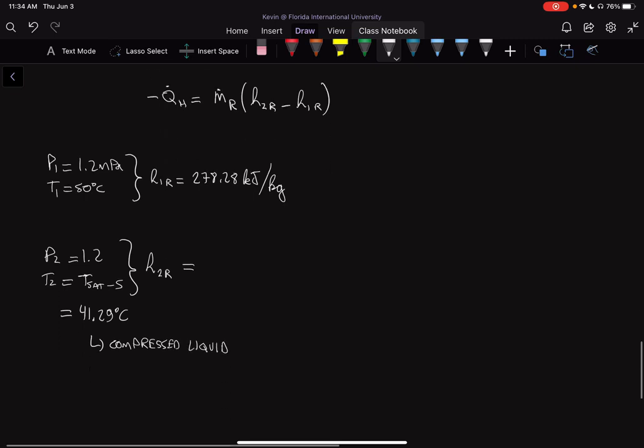So we're going to go to table A11 and interpolate to find h2R, which is essentially equal to hf at 41.29.